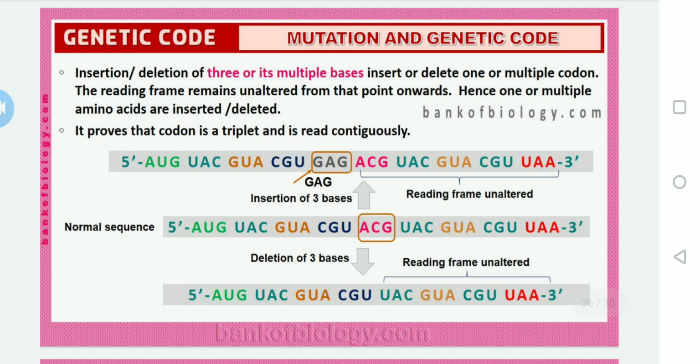And after this, as I said, it comes to the insertion or deletion of 3 or its multiple bases. In the last one, we discussed only point mutation. Here, if the insertion or deletion of 3 or its multiple bases inserts or deletes one or multiple codons, the reading frame remains unaltered from that point onwards.